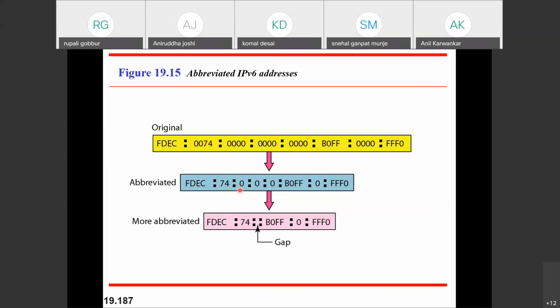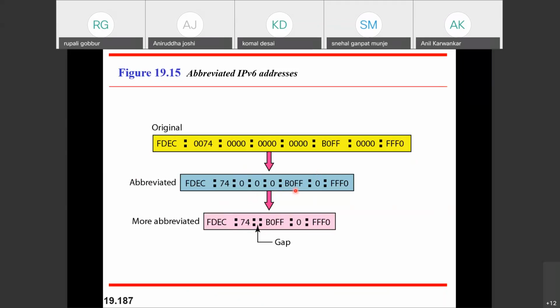See here, more abbreviation can be done by utilizing the zeros as colons or double colon configuration. So FDEC colon 74, double colon means the in-between addresses are zero addresses. Zero addresses provide us the abbreviated gap in between the hexadecimal addresses.